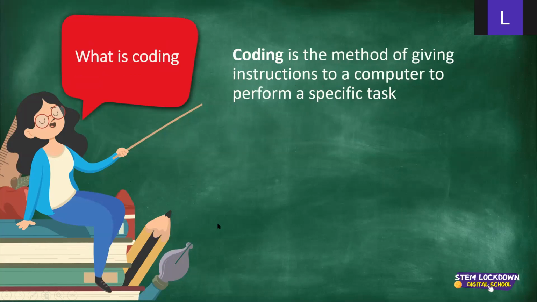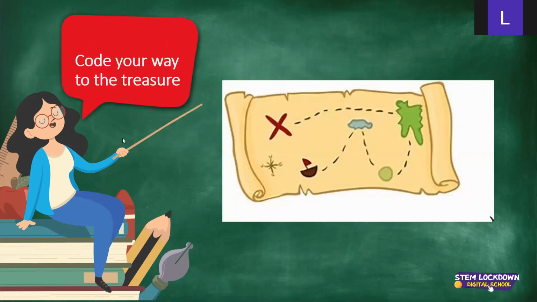So the first thing that I want to show you is that we can give a computer instructions just like we can use to find a treasure on a map. As you can see, there's a little ship over here, and then there's a long road that it can follow. And then at the end, there's a little cross where we can see that is our destination.